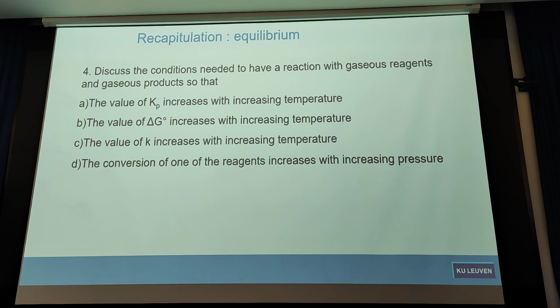The second one is one where the value of the free energy change at standard conditions would increase with increasing temperature. And the third one is where the value of the rate constant would increase with increasing temperature. Or that the conversion of one of the reagents would increase with increasing pressure.